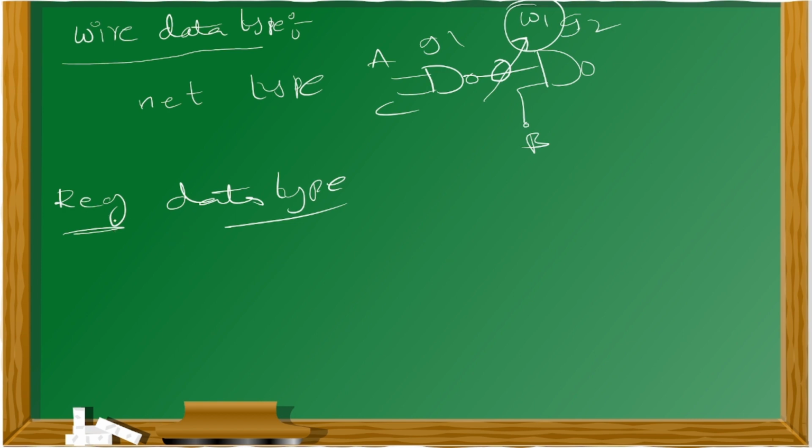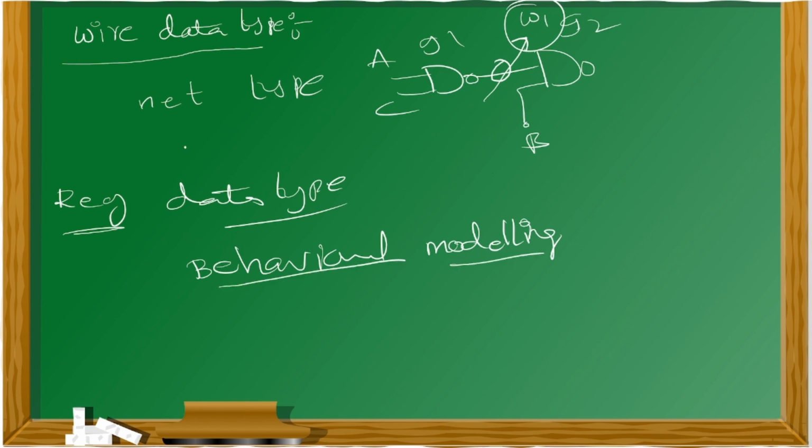The register data type is used in the behavioral modeling style, and I will explain it in detail when we discuss behavioral modeling. So this is a basic idea of what the wire data type and the register data type are.